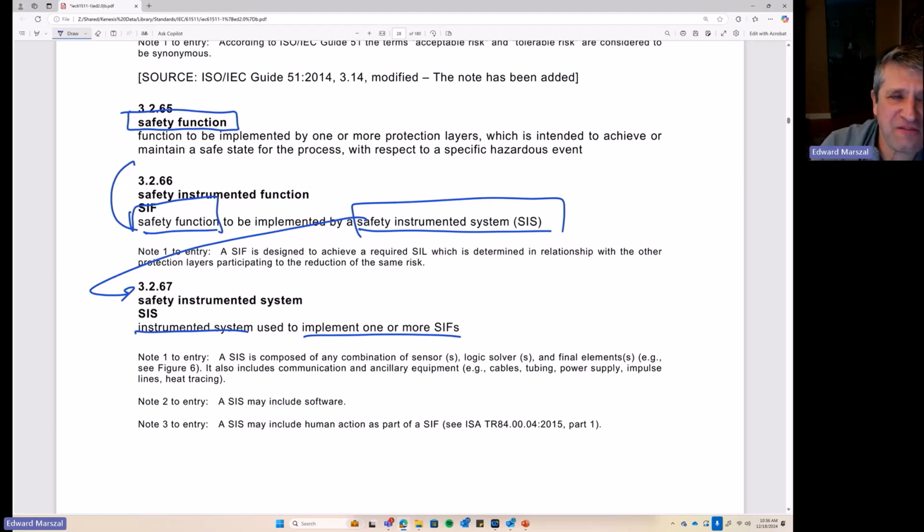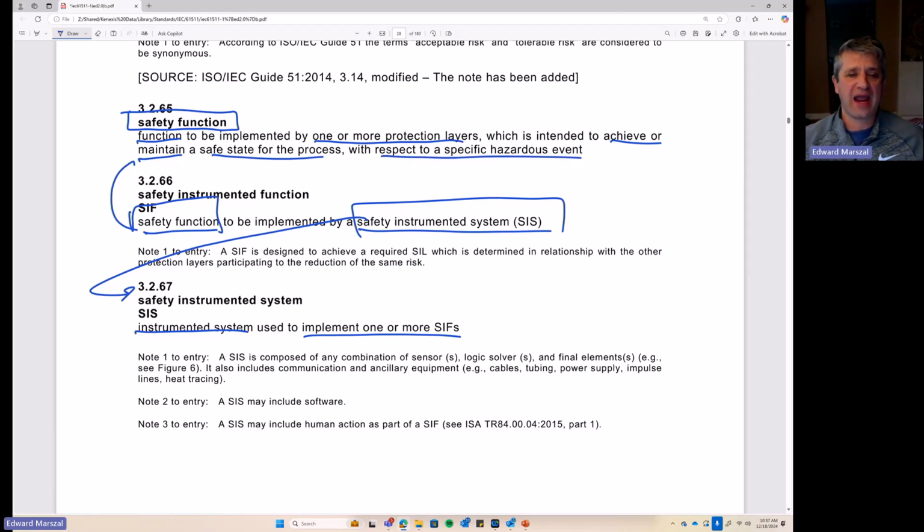A safety function is a function implemented by one or more protection layers. Whoa, how confusing is that? Which is intended to achieve or maintain a safe state of a process with respect to a hazardous event.